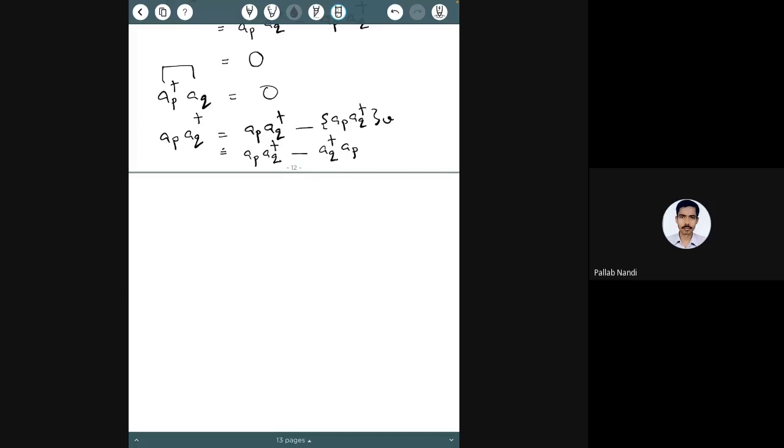One minute. So I always get confused over here sometimes. So let's see. A_P A_Q dagger minus A_Q dagger A_P. This comes with the plus. Yeah, this comes with the plus. So I evaluate this, and then this comes with the delta PQ. Yes or no?